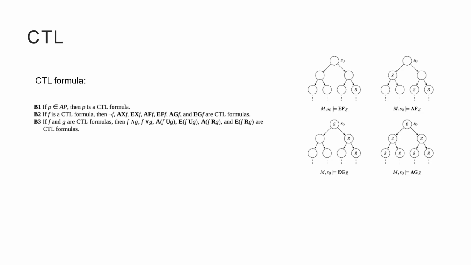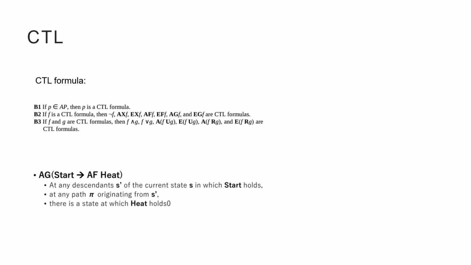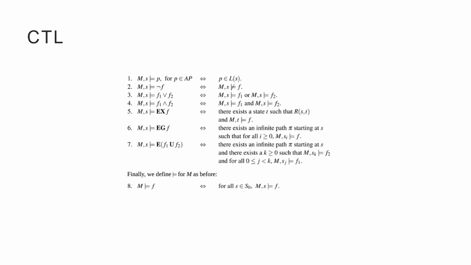For example, AGP means that for all paths starting from the current state, every successor state will satisfy the atomic proposition P. Additionally, the previously mentioned AG start implies AF heat is exactly a CTL formula.